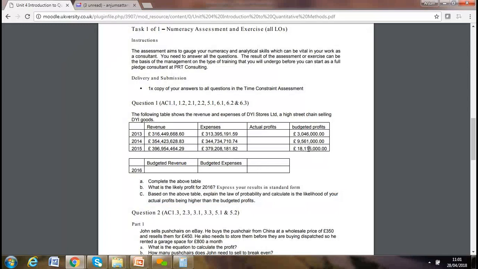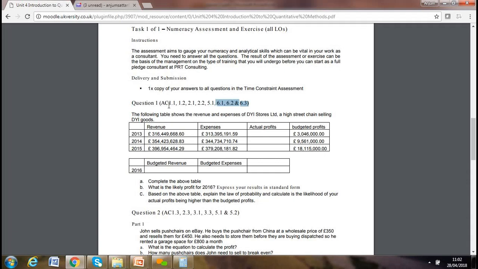I can make exactly the same trend and do the difference, and I can discuss it. So it will meet my assessment criteria 1.1, 1.2, so many criteria in one question only. Any question?